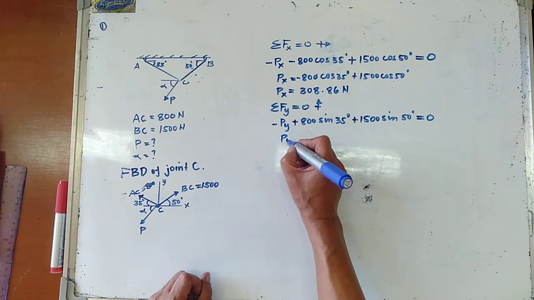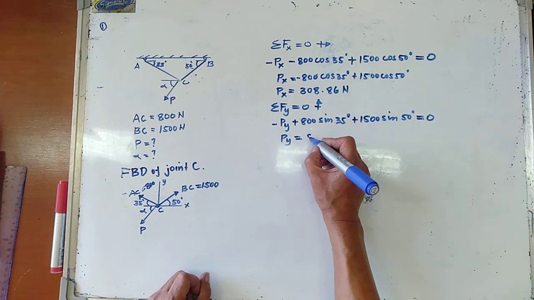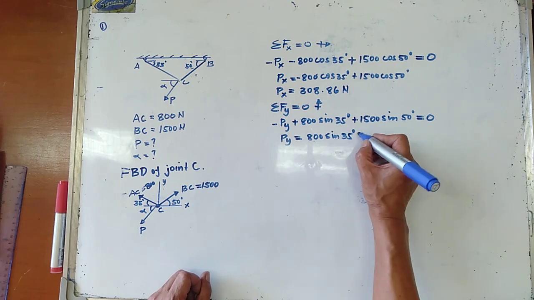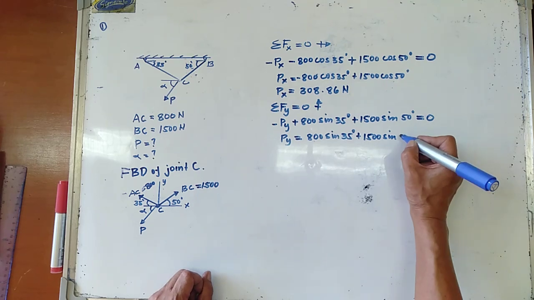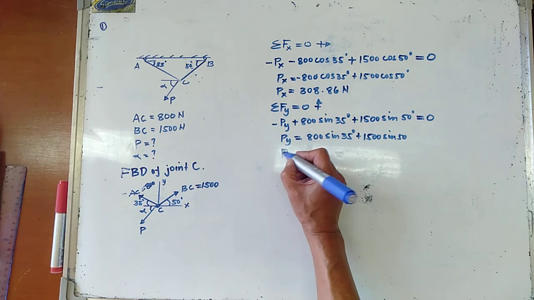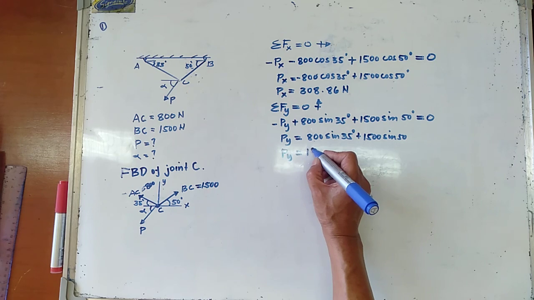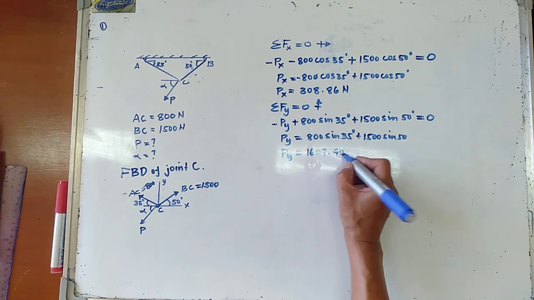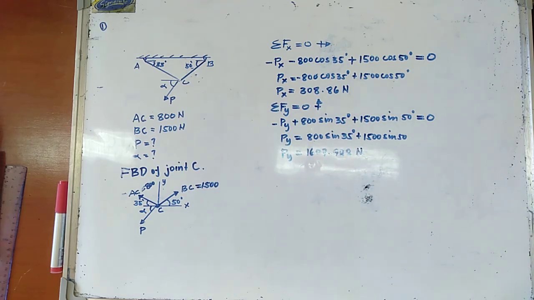Hence, your Py is equal to 800 sine of 35 degrees plus 1,500 sine of 50 degrees. So that Py is equal to 1607.928 newtons.